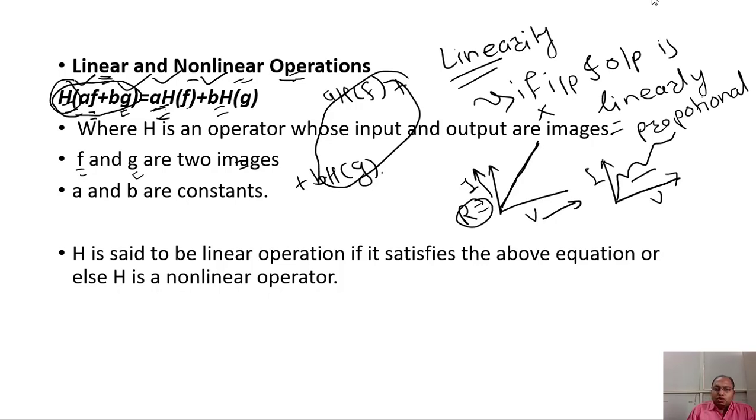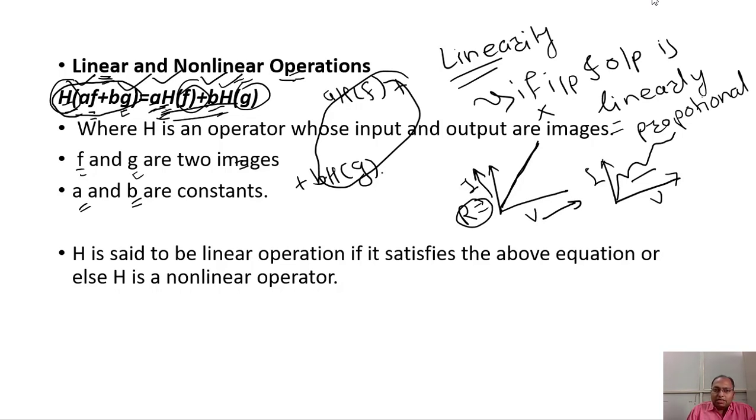So we consider these two images individually, perform the H operation on the two images individually, and then multiply with some factors. A and B are nothing but constants, and they are multiplied and added.